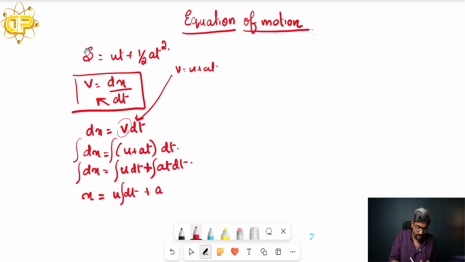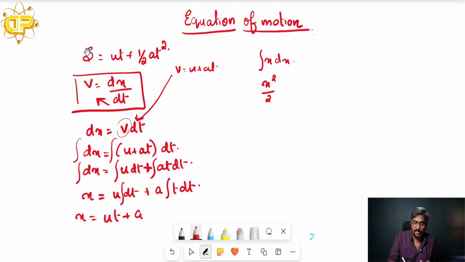So u is taken outside and you do the integration. It is ut plus a into the integration of t dt, which is t square by 2, or simply the integration of x raised to n dx is equal to, okay, this will become what? x raised to n plus 1 by n plus 1.